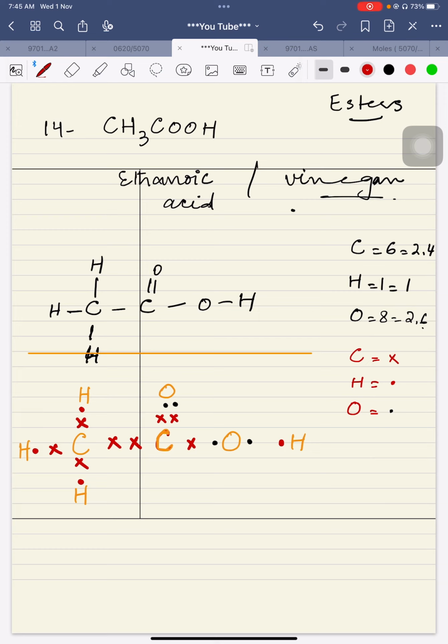Now we are going to draw the lone electrons of each oxygen atom. Let's draw them with the black color, this and this, and this and this.